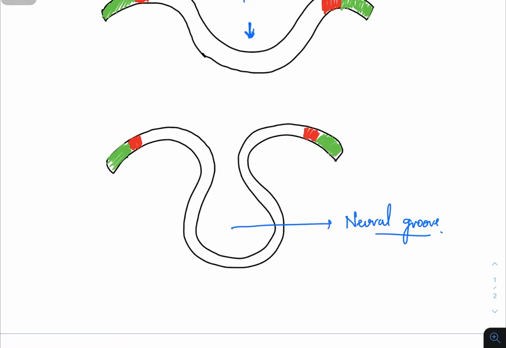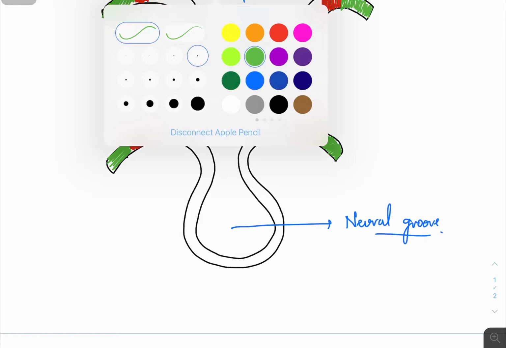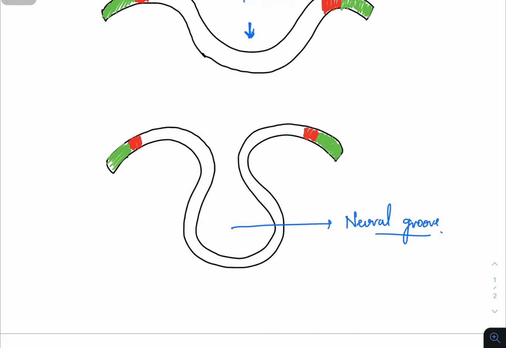So this entire thing is your neural plate over here. Now in the later stages, this part of the neural plate and this part of the neural plate, both of them come together and join.